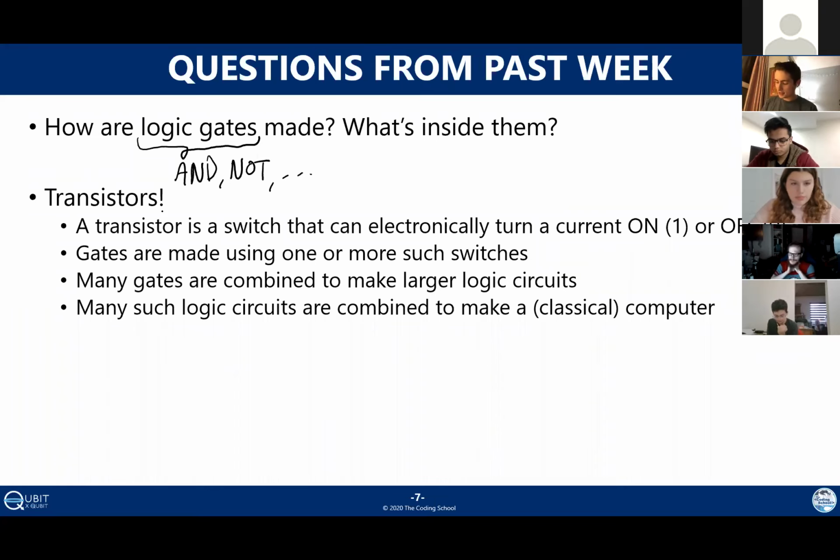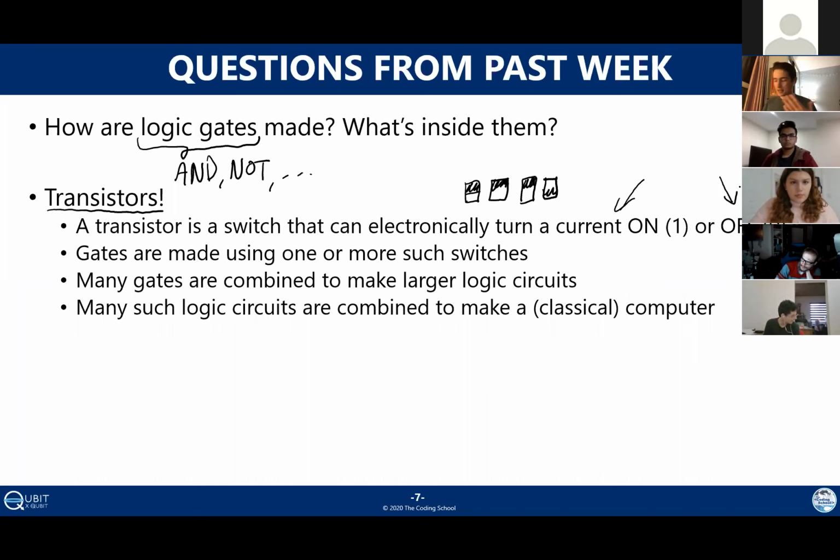And I actually alluded to this a little bit last week when I said that computers, instead of having sort of 10 fingers to count like humans do, computers have these little switches. And the switches can be on or off. The way that's actually made in real life is by having a little unit called a transistor, and we either allow electricity to flow through it, so the current is on, or we don't.